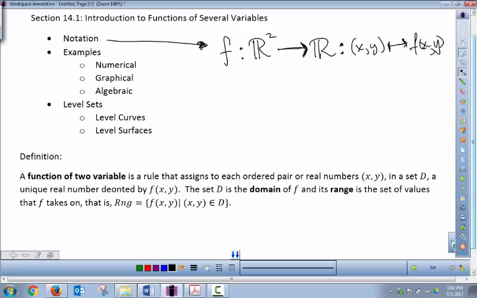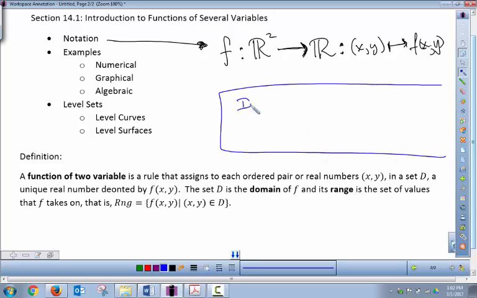Just to make an analogy from back in pre-calculus, where you have y equals f of x, for example, just a random function.